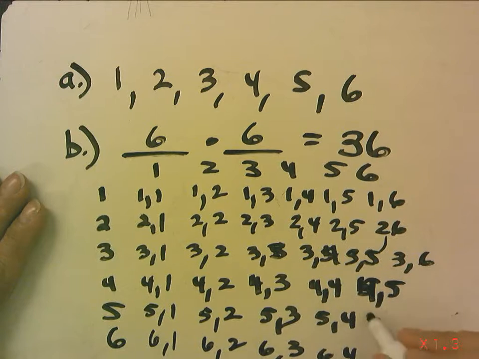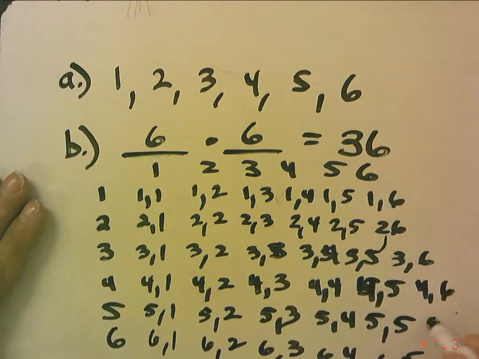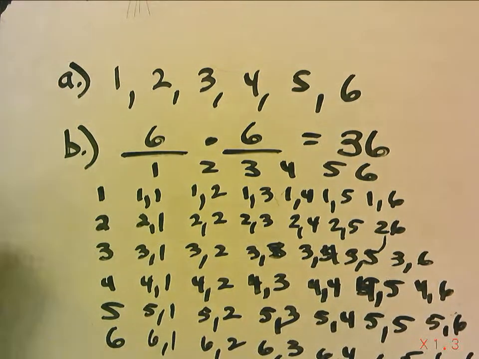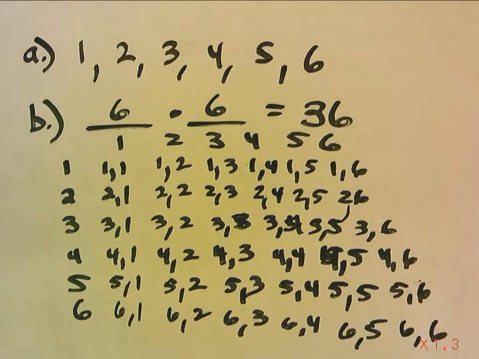That's a 4 and a 5. Okay, and that lists our 36 possible outcomes.